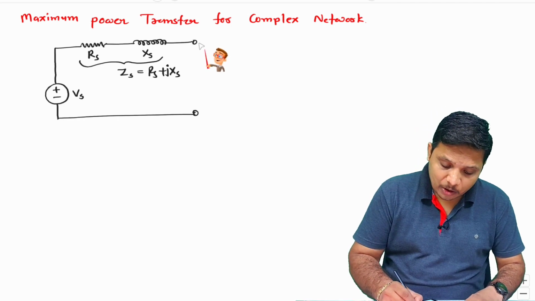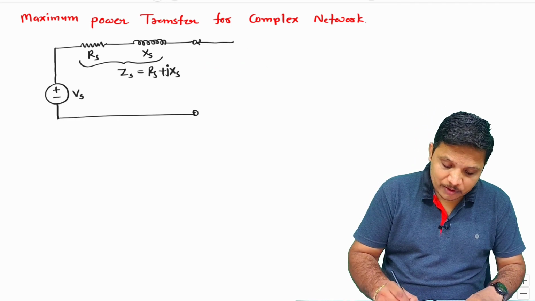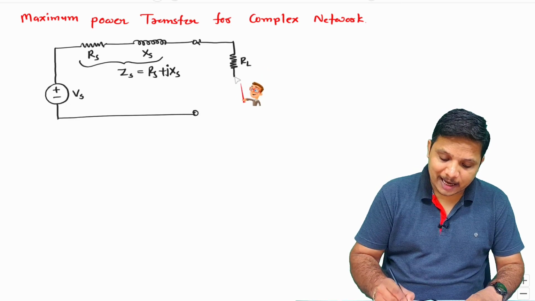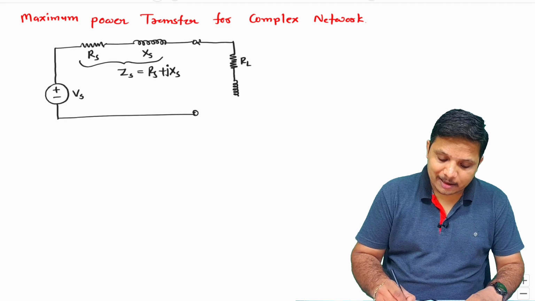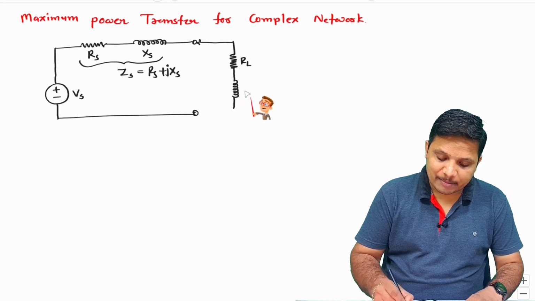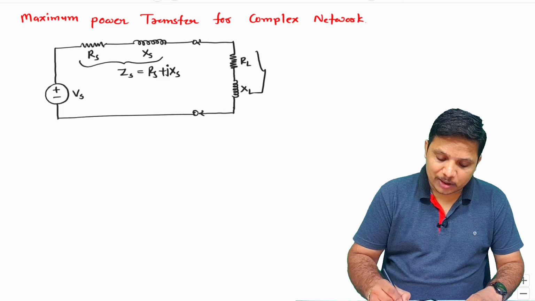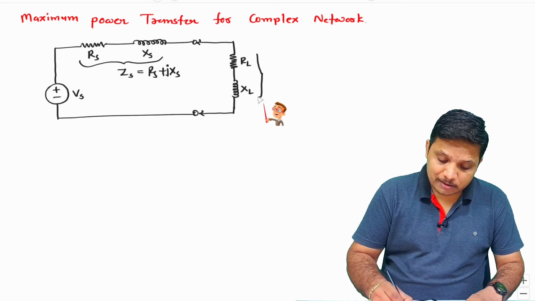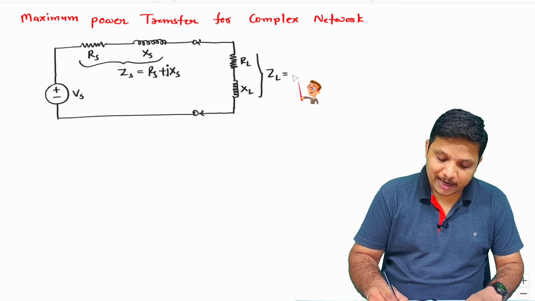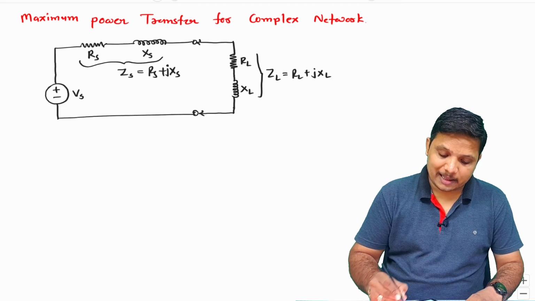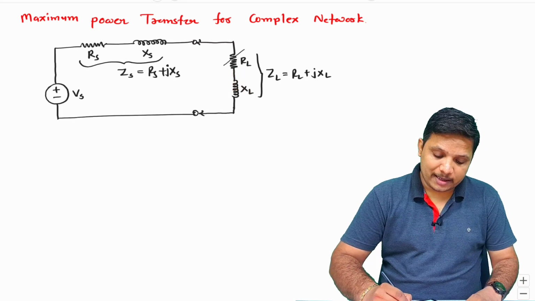So let me connect a complex load that includes a resistive element RL and an inductive element XL. In total it is ZL, that is RL plus JXL.